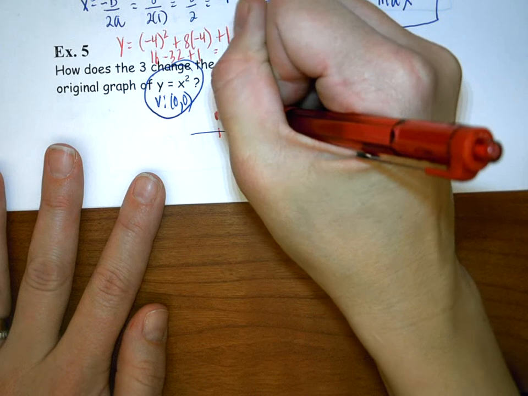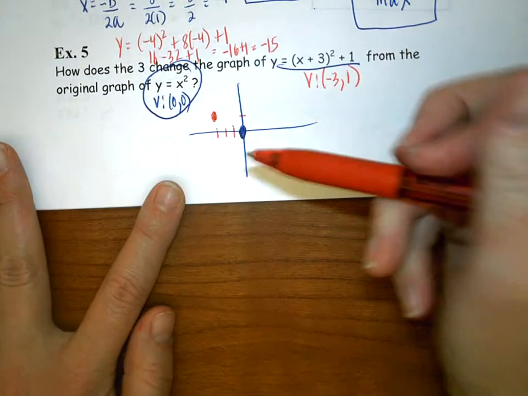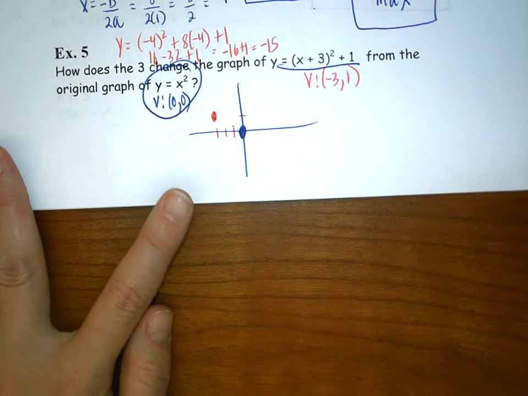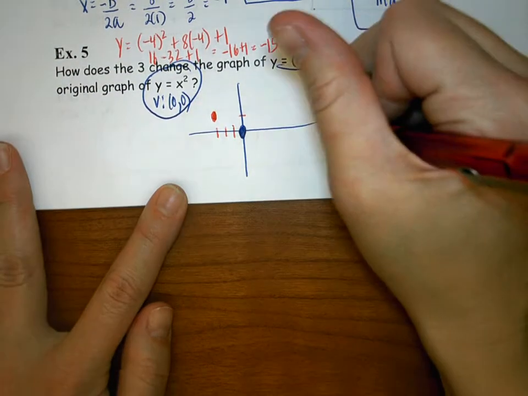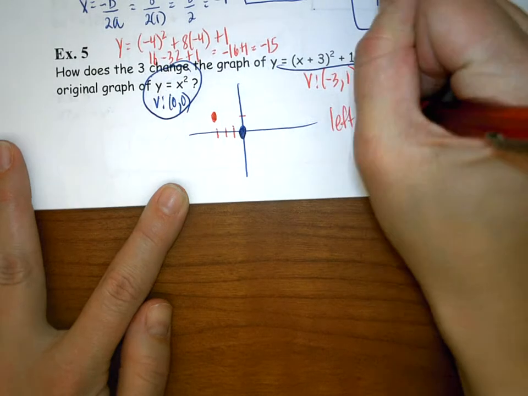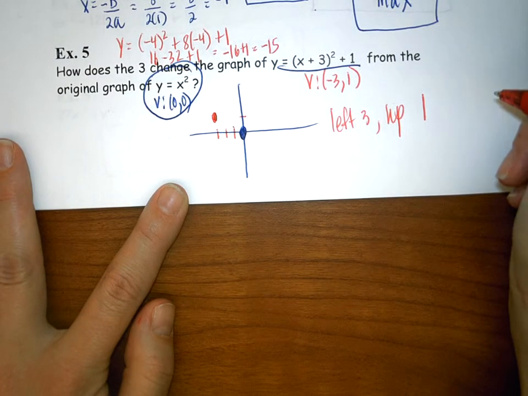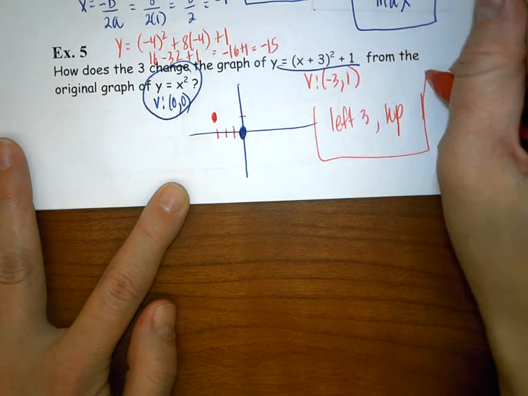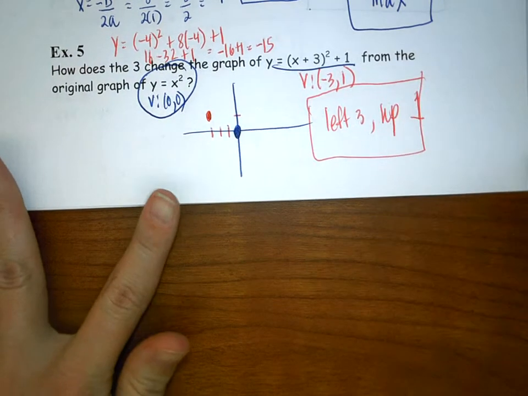That's the vertex at negative 3, comma 1. So how did this move? How did it change? From the blue to the red, how did it change? Good. Left 3, up 1. That's your answer. Left 3, up 1. Questions?